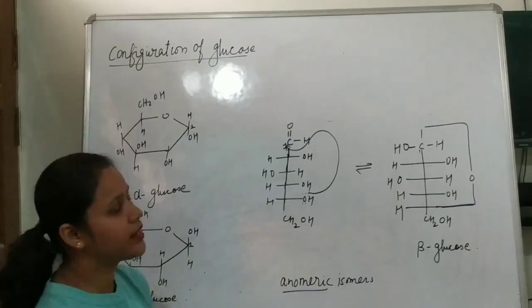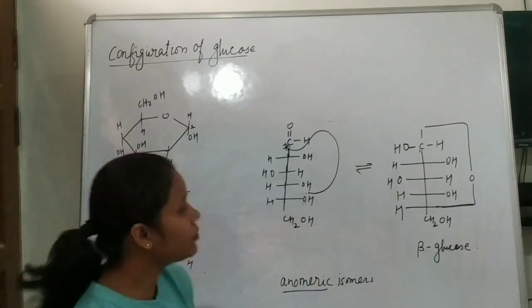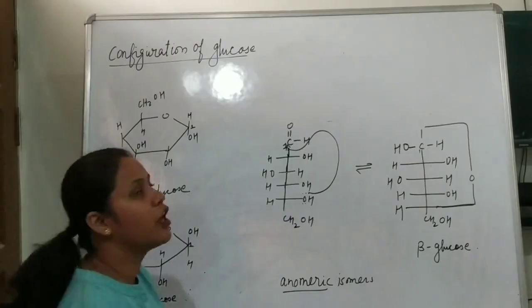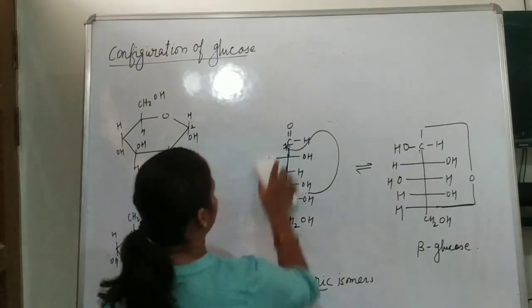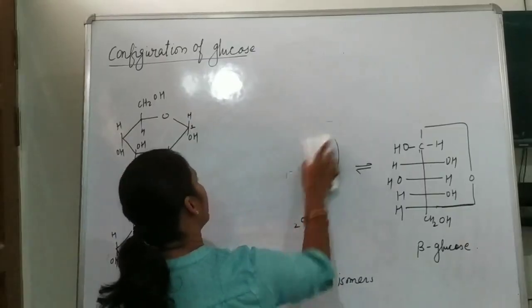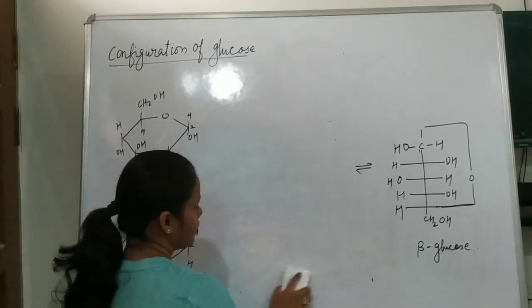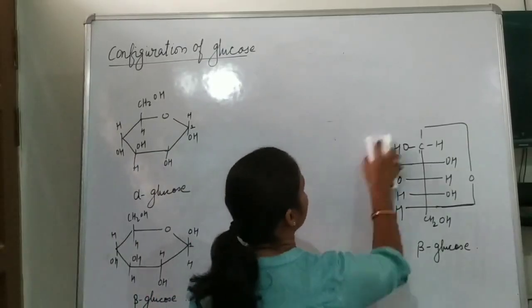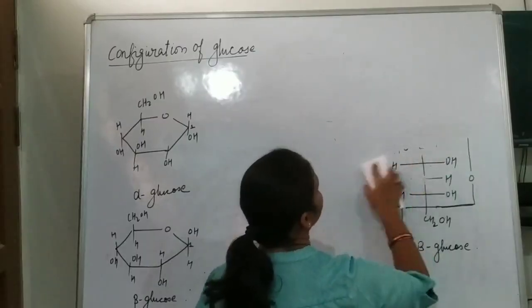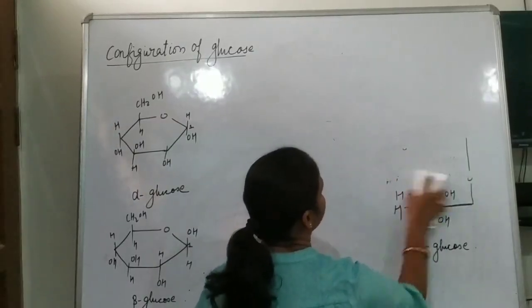Now just like this, the next thing is fructose. Again, you know that fructose is also a product of hydrolysis, just like glucose. It is the hydrolysis product of a disaccharide, sucrose, with the molecular formula C6H12O6.